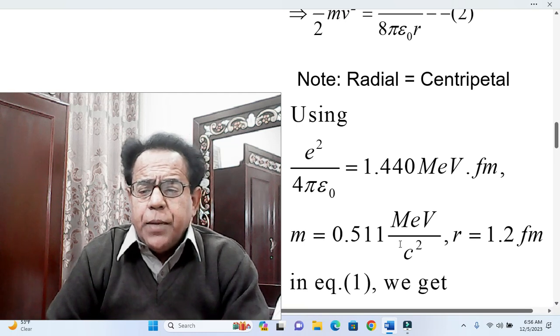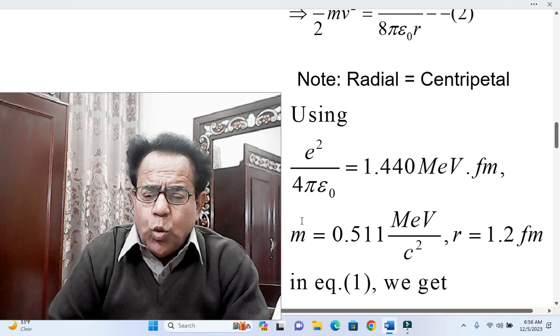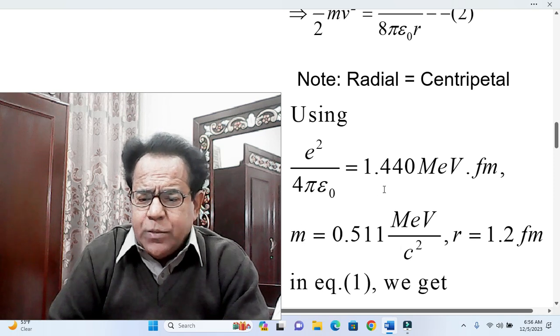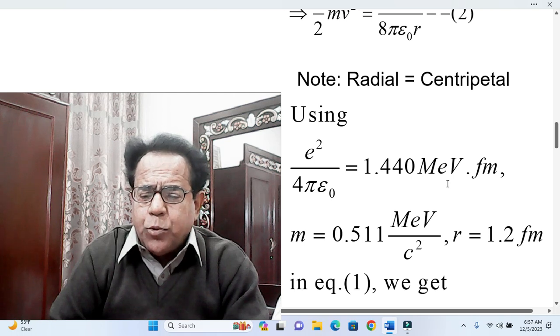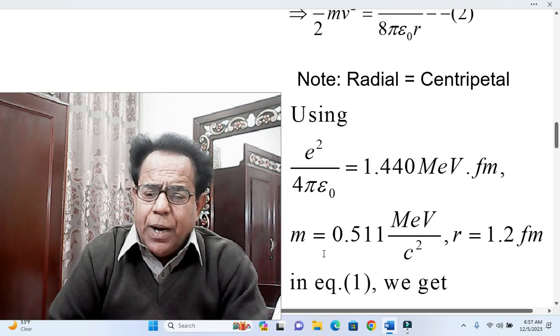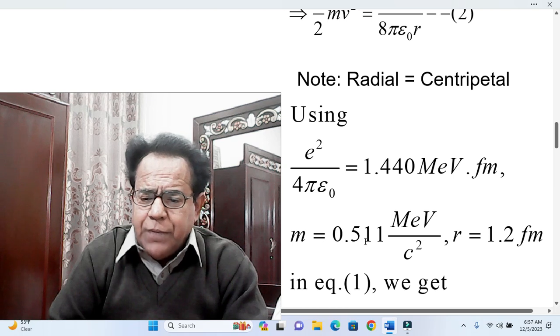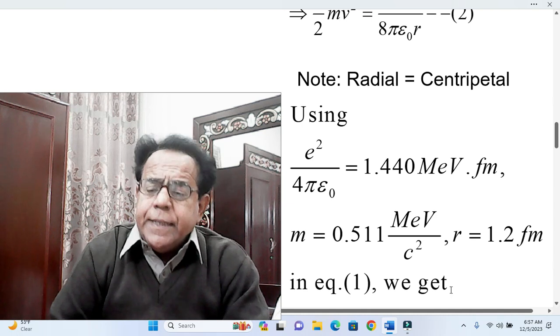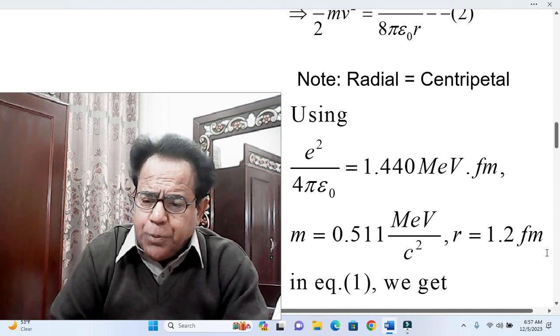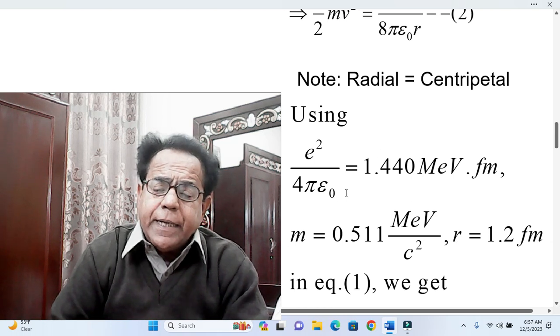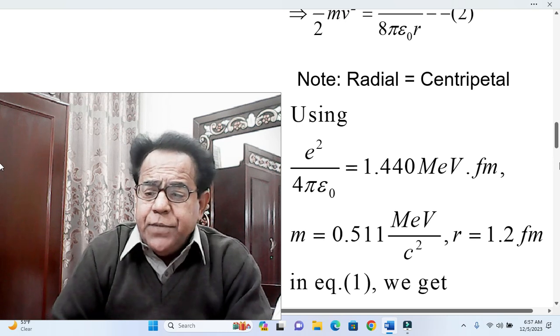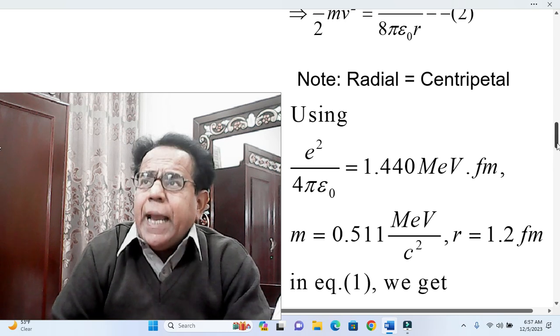Okay, now using e square over 4 pi epsilon naught is equal to 1.440 million electron volt into femtometer, and mass of electron equal to 0.511 million electron volt over c square, and radius r equal to 1.2 femtometer. Dear students, this last value has been provided in the statement, while these two values have been taken from the table which has been included as a snapshot.